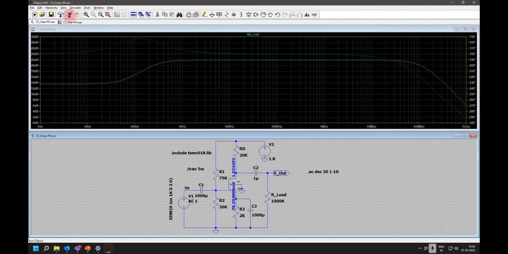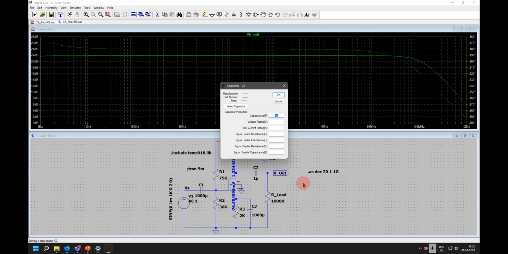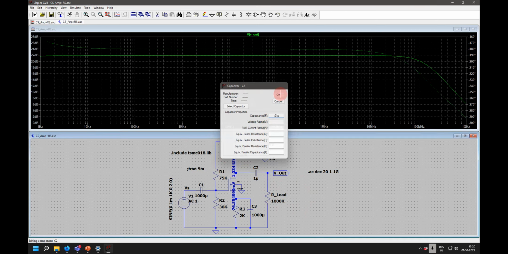If I run here again, this is not making much of a difference, probably because these resistances are very high. But if I further decrease it, it starts to make a difference. So these three capacitances, as you see in these simulations, will have an effect at the low frequencies.